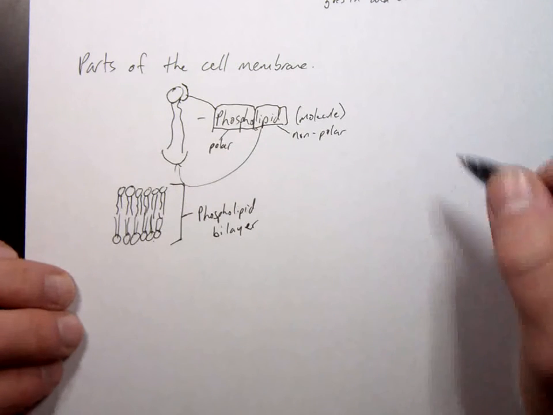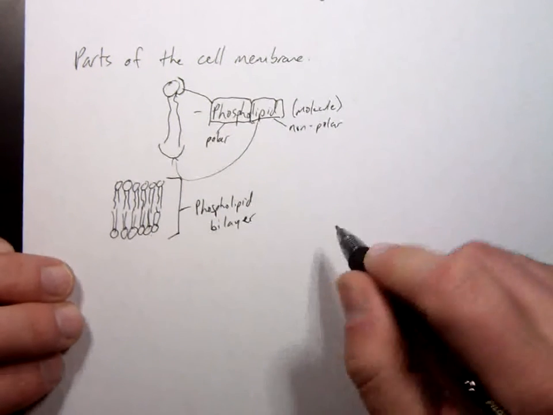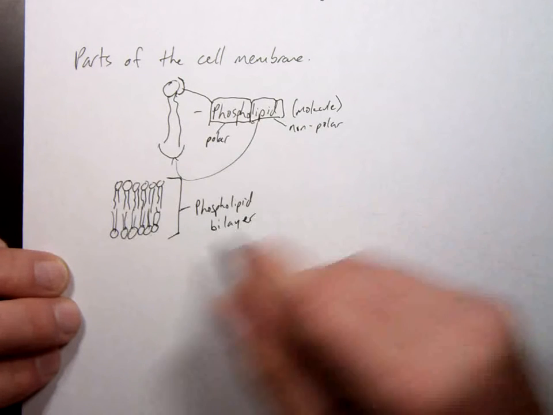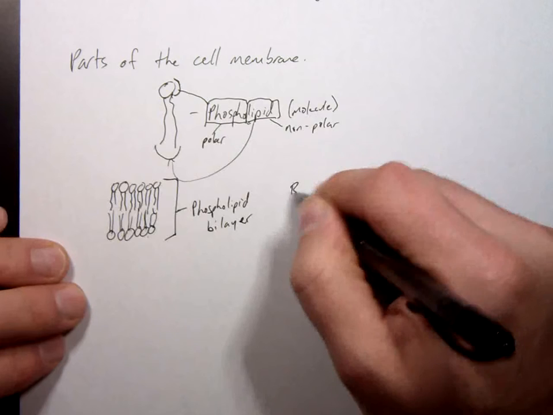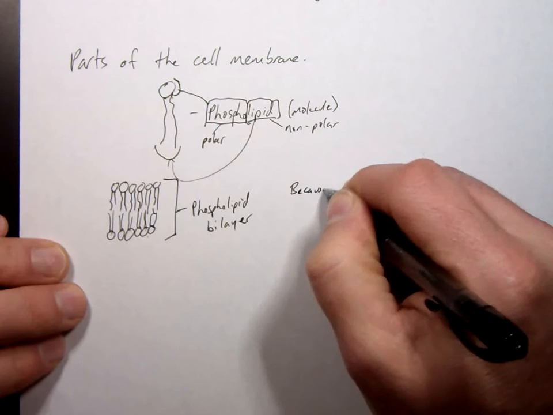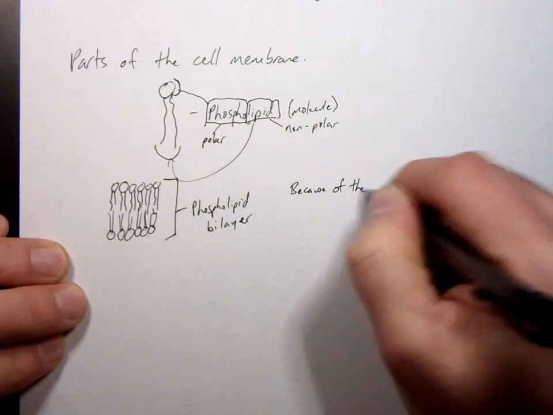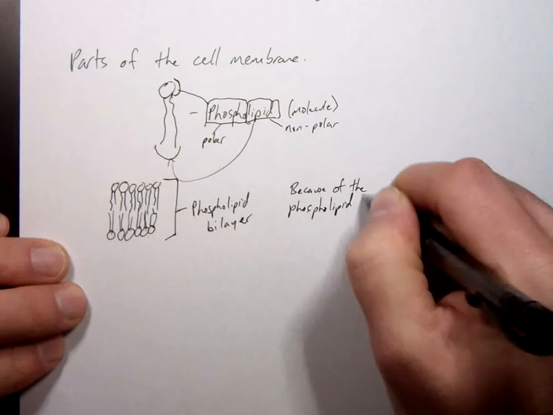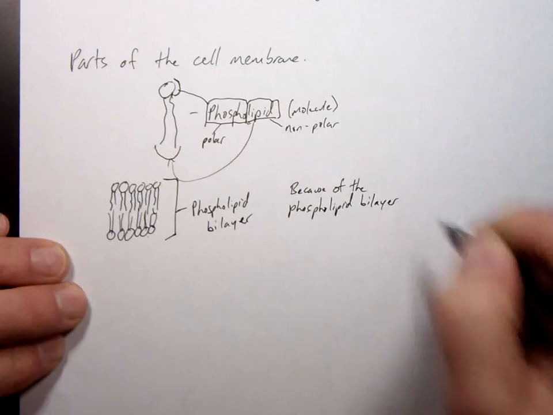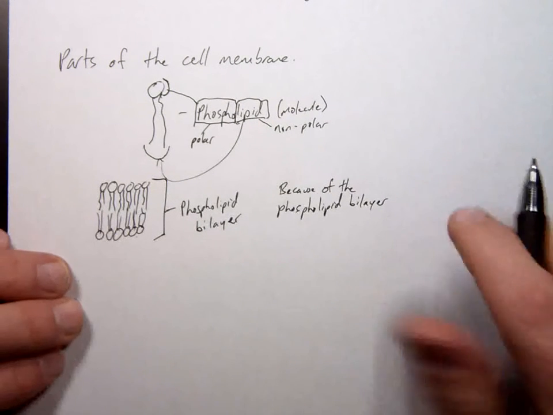Now, this means that polar molecules cannot pass through. So let me make a few rules here. Because of the phospholipid bilayer, polar molecules can't pass through.